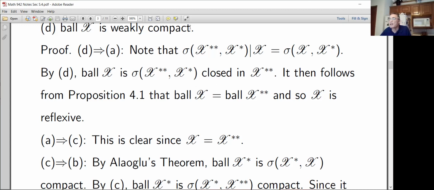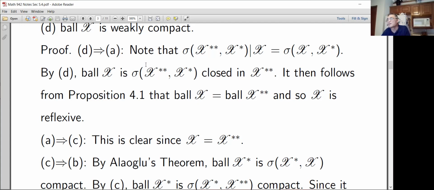So here D implies A is because ball X, let's think again. Ball X is weakly compact. So ball X is compact in this topology. But these two topologies are the same. So ball X is compact in this topology, and the compact must be closed.